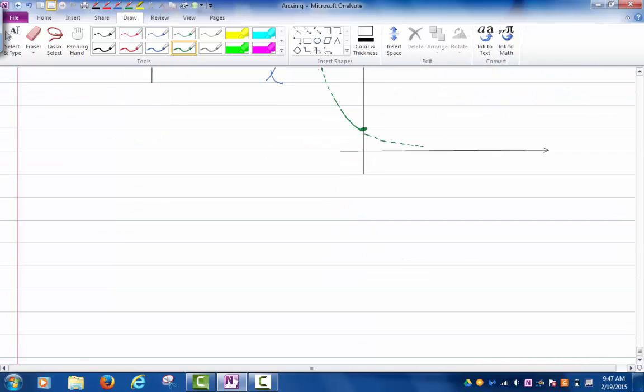Okay, so now you know the graphs, and you need to remember these graphs in order to answer limit questions, right? So if someone asks you what's the limit as x goes to negative infinity of half to the x, what did you say?